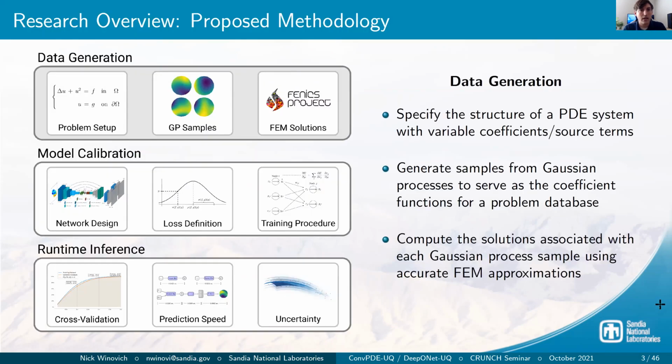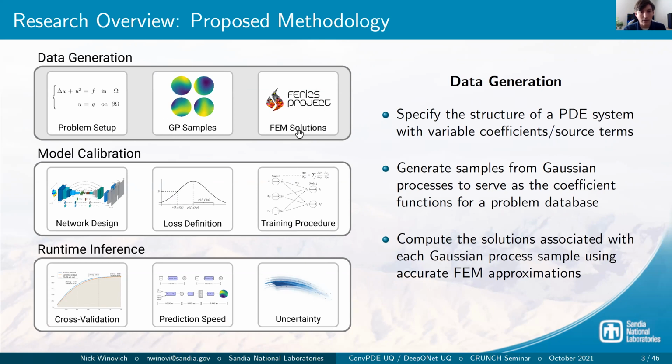But to begin the research overview, the setup for the operator network training procedure is that we're going to offload training to a one-time procedure offline by creating a database. The data generation will consist of specifying some type of problem setup, generating data for that, and then computing the solutions.